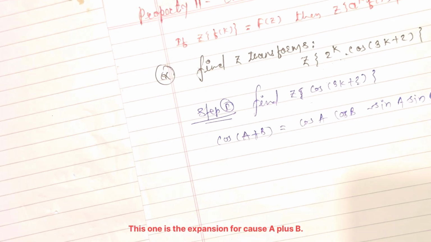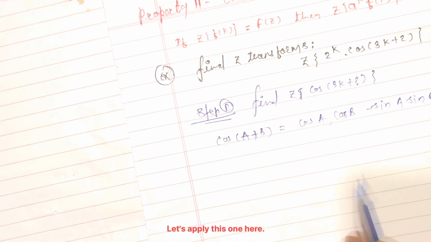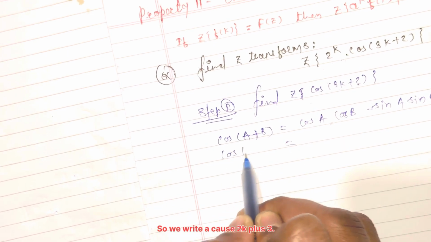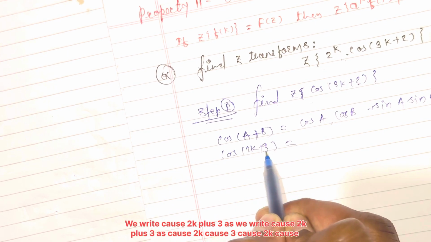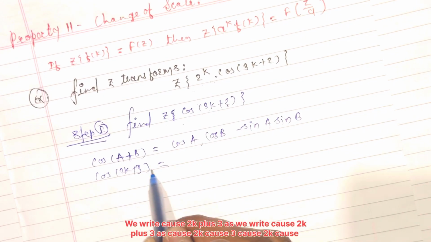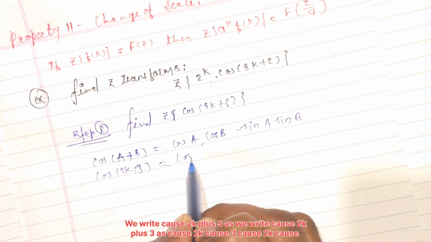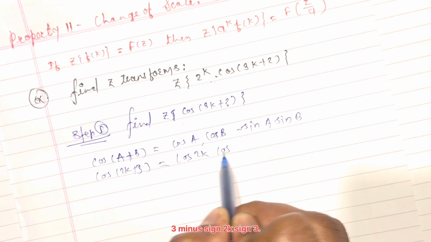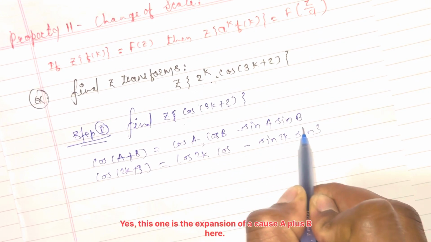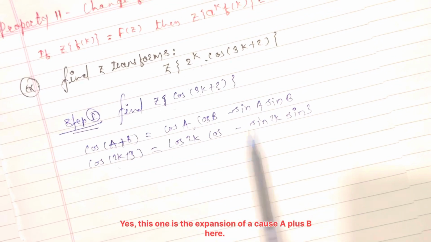Applying this, we write cos of 2k plus 3 as cos 2k cos 3 minus sin 2k sin 3.